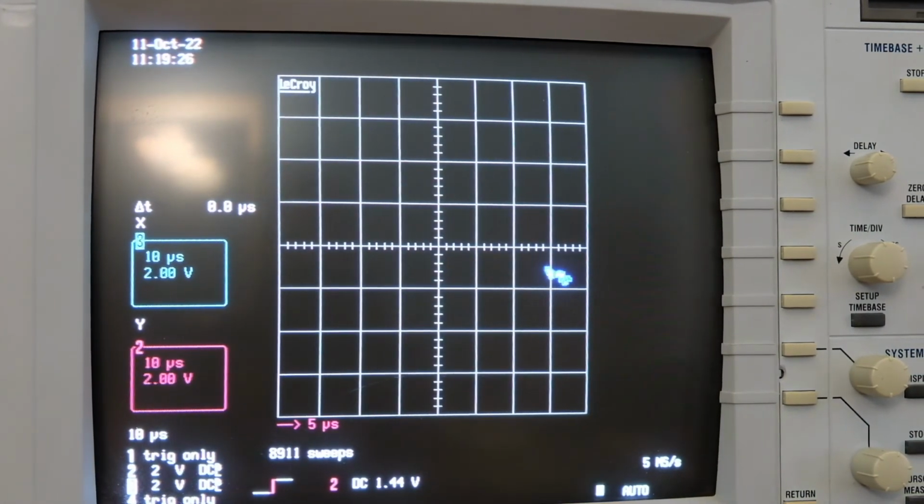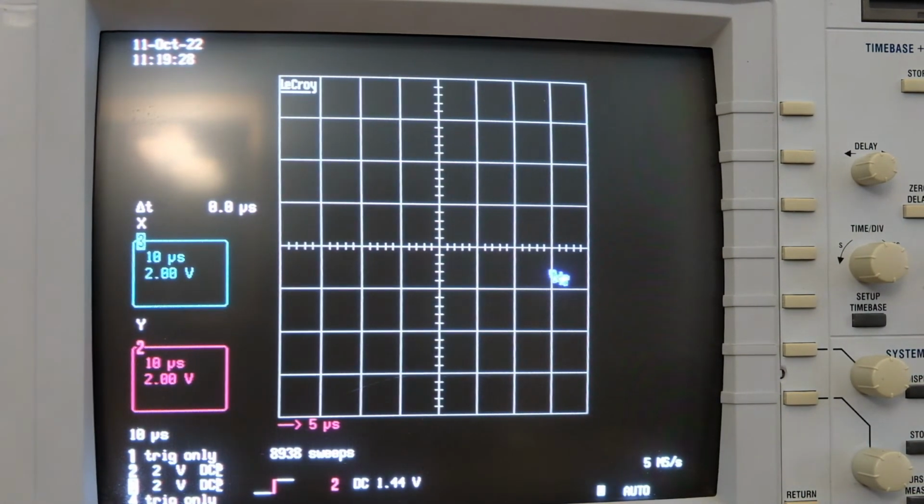So let's try the next signal. Slightly higher frequency disturbance. This is again 1 millisecond time constant.